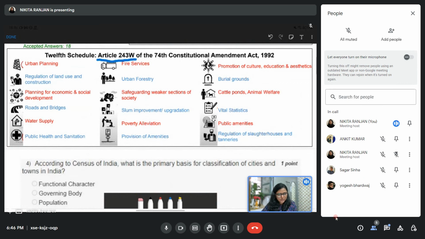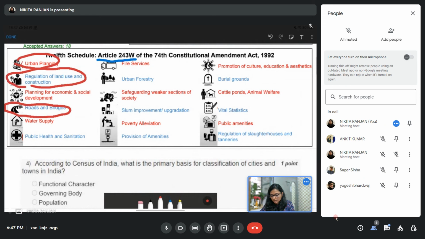I'll give you just one, and it is my opinion. This is not a drawback which everyone from the academic community or the urban governance practicing community would agree to. But you see, the urban local governance bodies are assigned with several functions like urban planning, construction of roads and bridges, regulation of land use and construction, which they were not assigned with before.